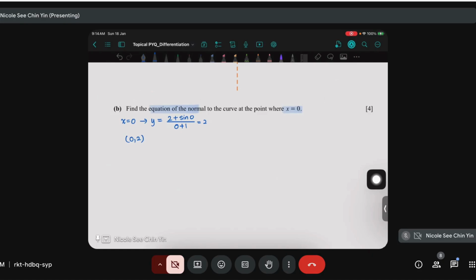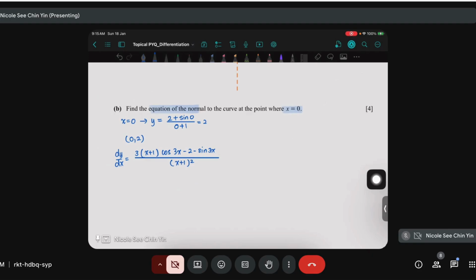Second thing, I need to find my dy/dx. From the previous question, my dy/dx is 3 bracket x plus 1 cos 3x minus 2 minus sine 3x over (x plus 1) squared.